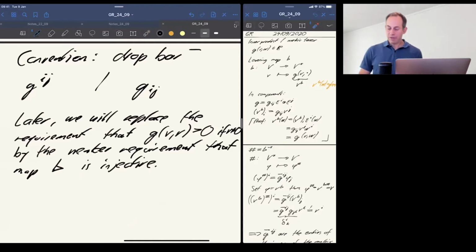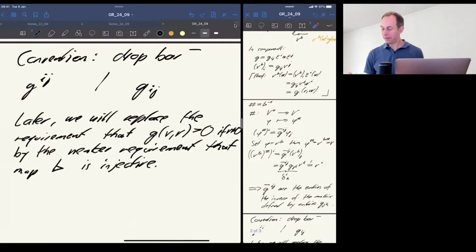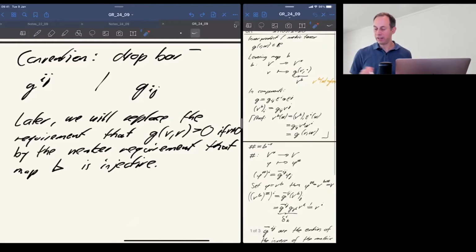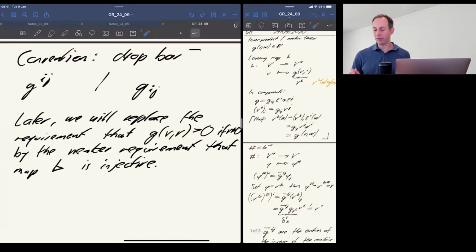So it can be very easily verified that if the matrix Gij is positive definite, so if it satisfies this criterion here, then the map B that I defined here is actually an invertible map. I didn't say that before, but I assumed it implicitly, otherwise I couldn't have defined this sharp map.